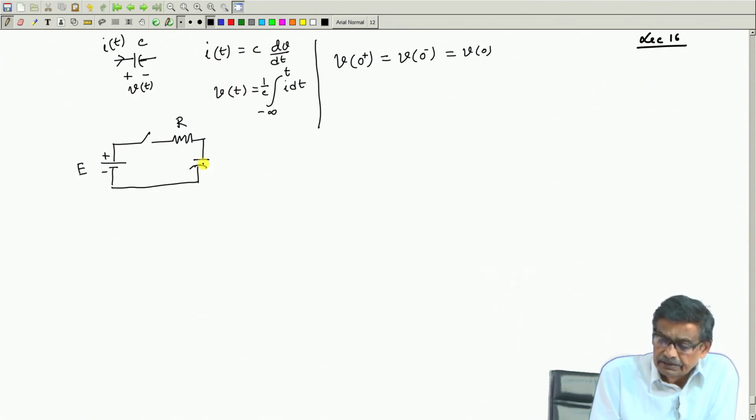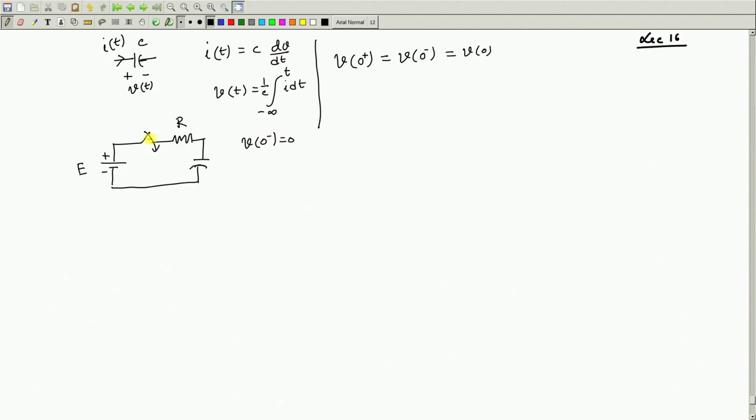If the capacitor is initially uncharged, that means V(0 minus) was equal to 0, and you are doing the switching at t equal to 0. This is the switch. Then the expression of the voltage across the plates of the capacitor, at any time t, was shown as E times (1 minus e to the power minus t by tau).